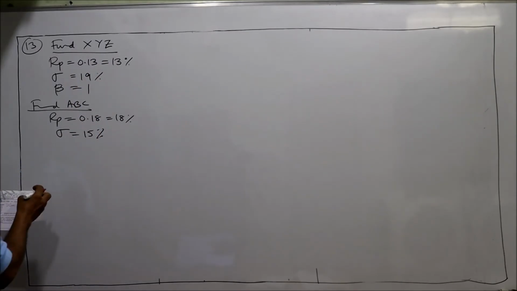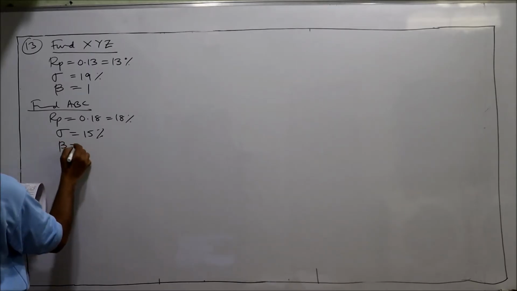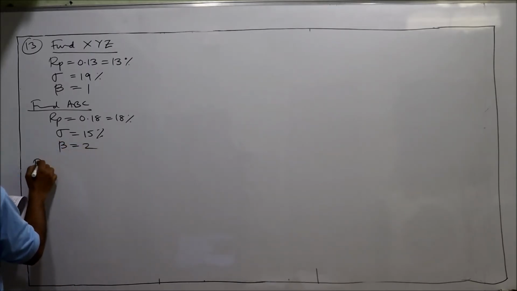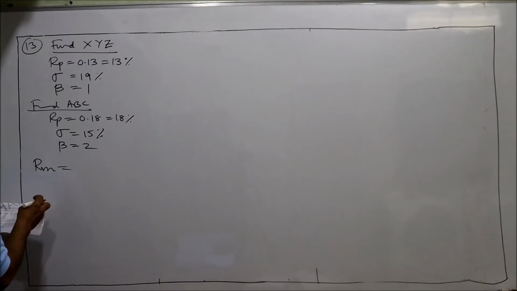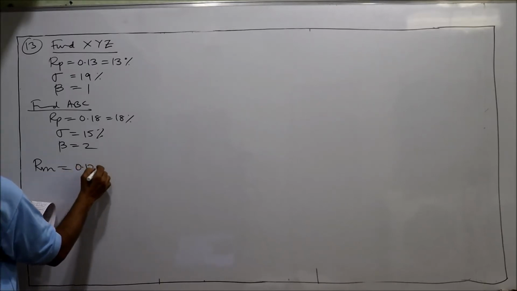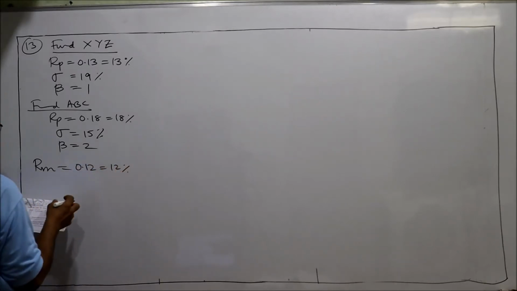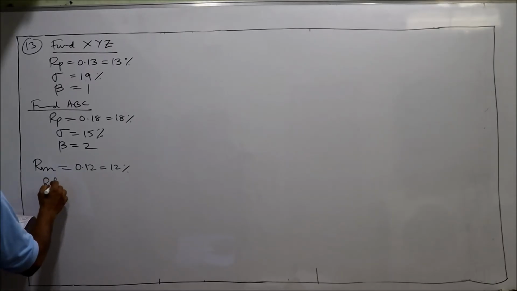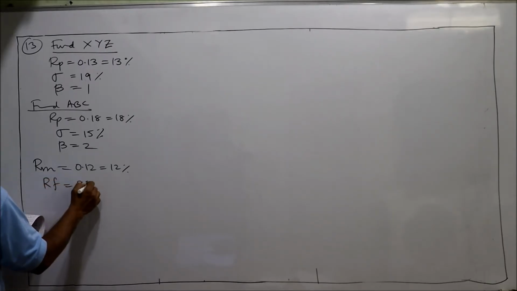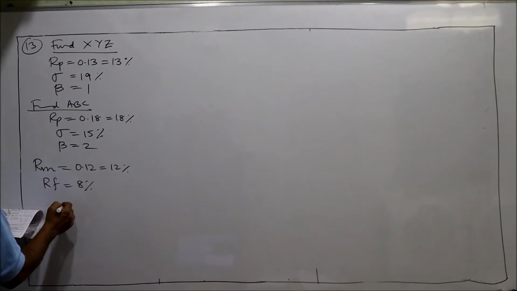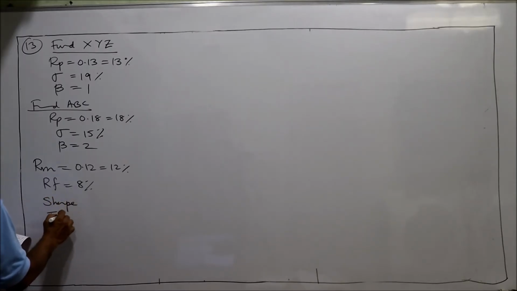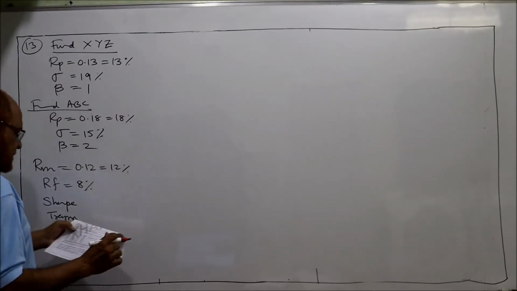Beta is equal to 2. RM, the mean return on the market index, is 0.12, equal to 12%. And risk-free rate RF is equal to 8%. Sharpe, Treynor and Jensen. This is the complete problem.